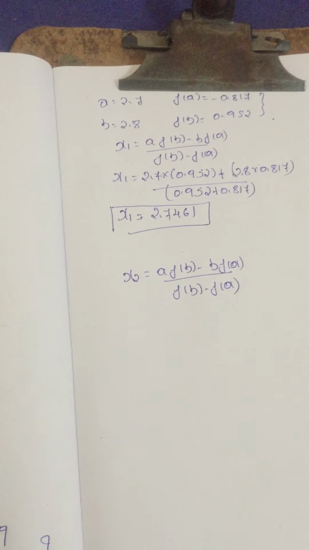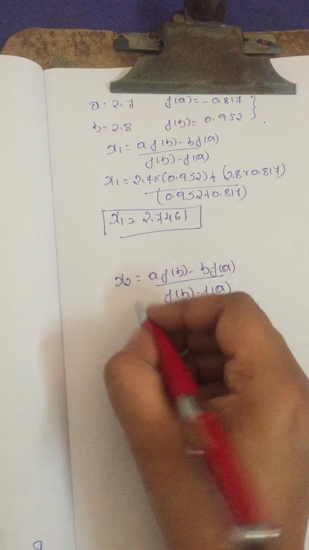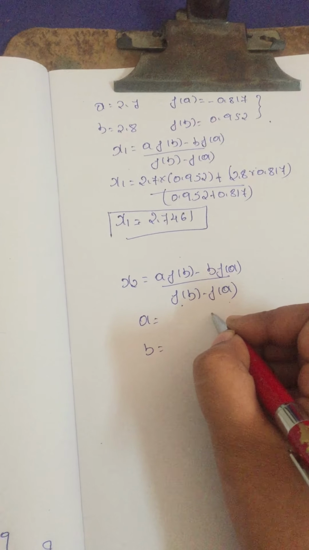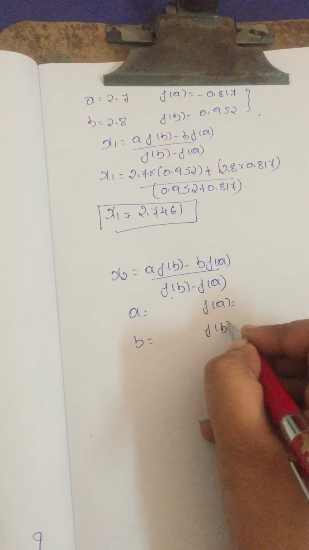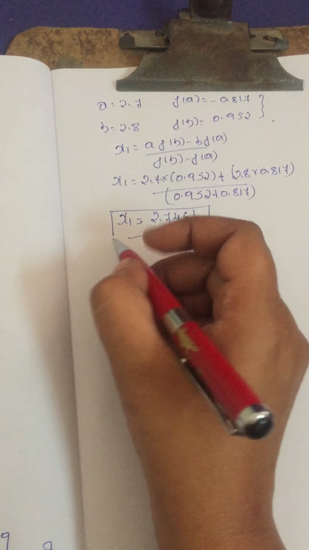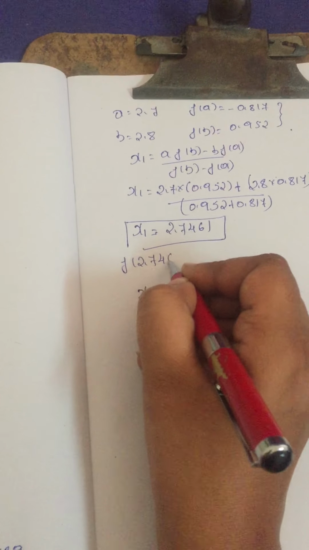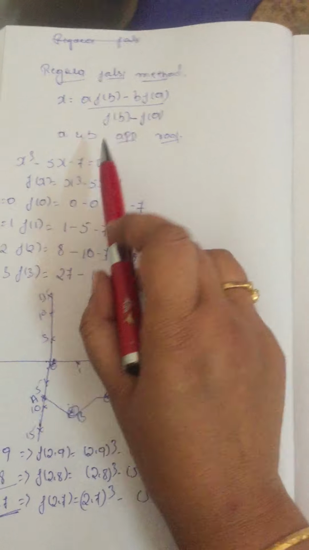Again we choose the a and b values, and we need f of a and f of b. First we have to find f of 2.7461.